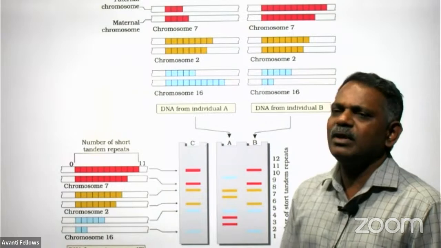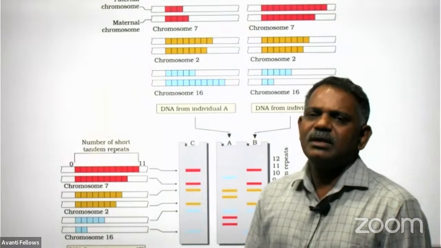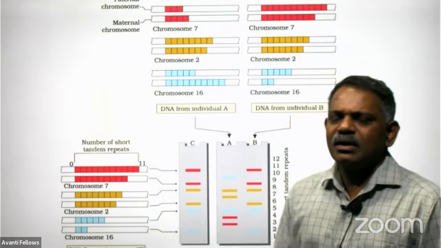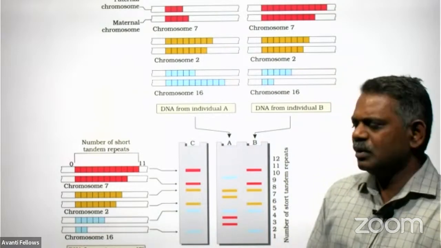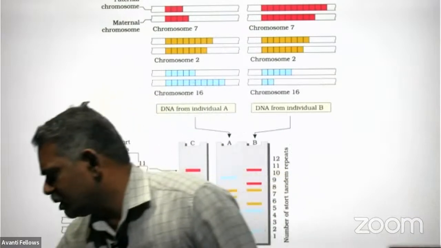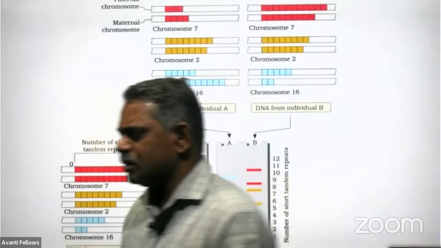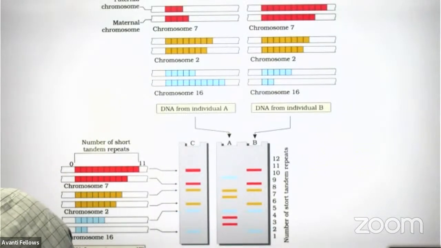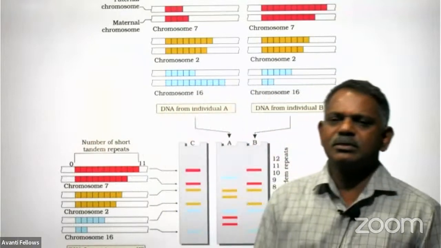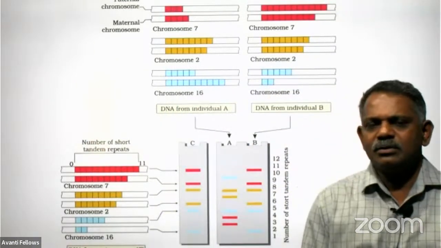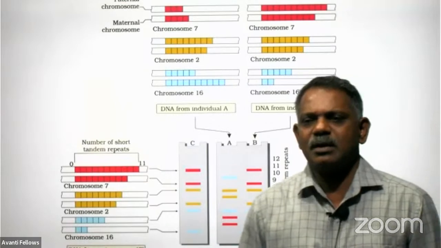So this is the way through which we investigate a crime scientifically by using fingerprinting. So this fingerprinting is also a very important topic. You have to go through all the process of fingerprinting and learn it by heart. So this is the last topic.